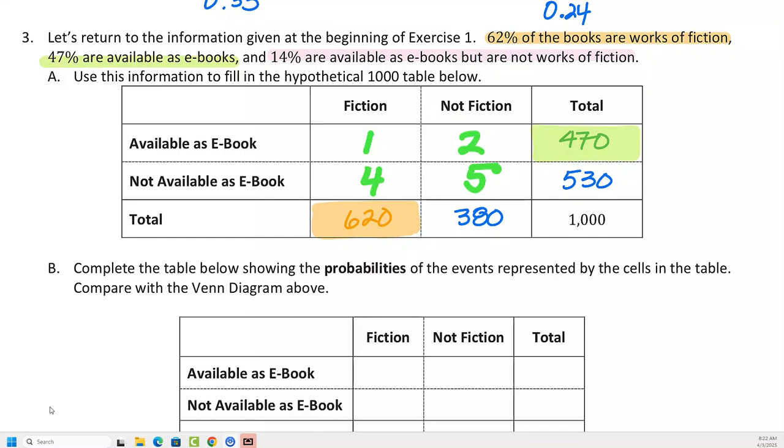Okay, do we all agree that it's 2? Okay, so I'm going to highlight 2 right here. And we know that 14% is 0.14. Multiplying that by 1,000 will give me 140.